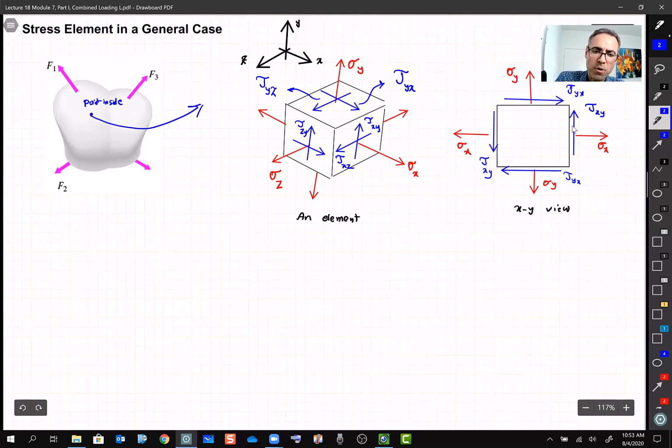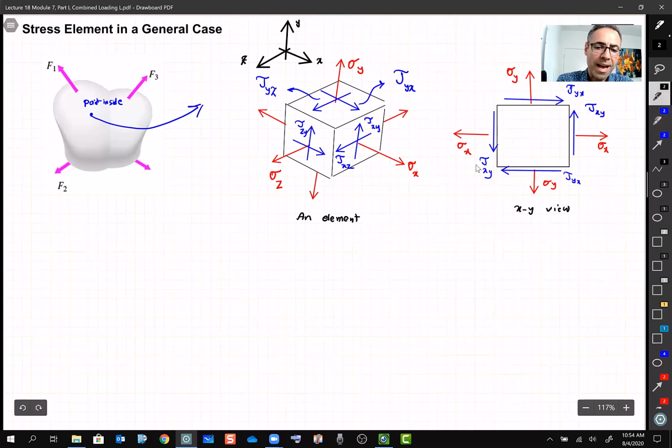This tau xy on the vertical side tries to rotate this element. How? They try to rotate it counterclockwise, right? Do you agree? Imagine they are more like a couple, like this tau xy and tau xy on the vertical side. They try to rotate the element counterclockwise.